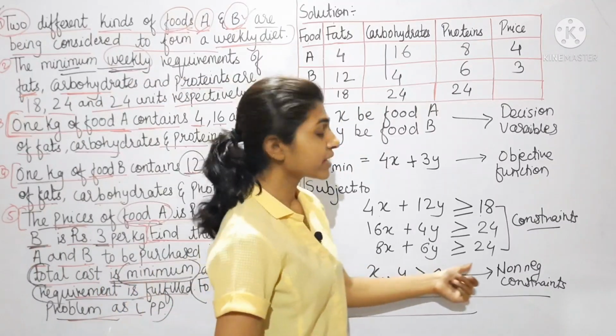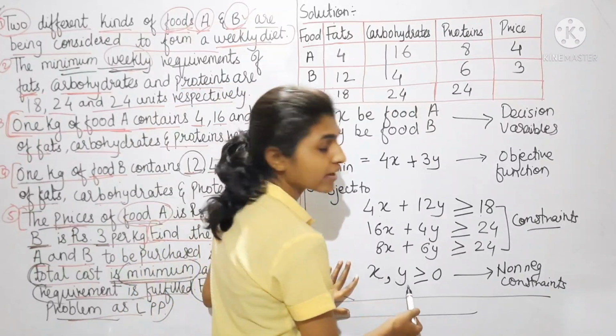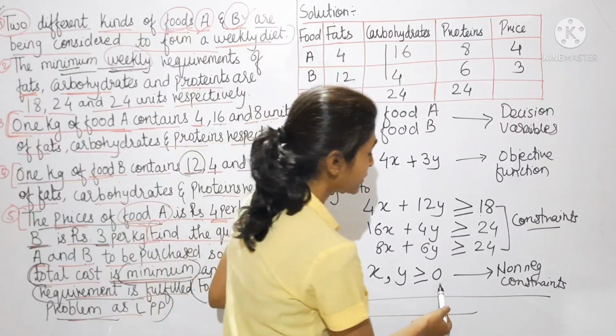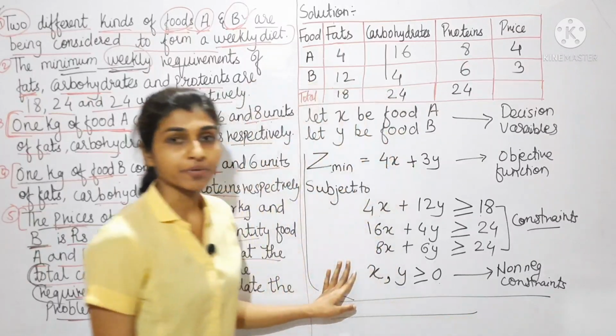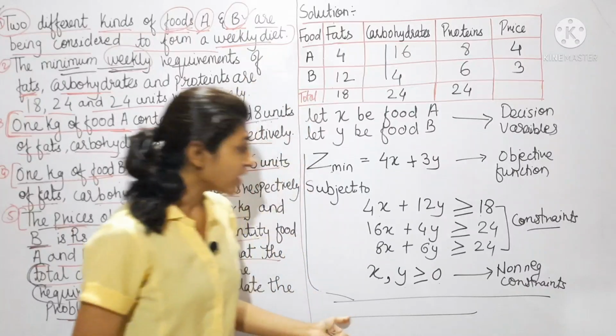Then 8x plus 6y greater than or equal to 24, and the non-negativity is x, y greater than or equal to 0. In this way you have to solve the sum. Copy it down in your notebook.